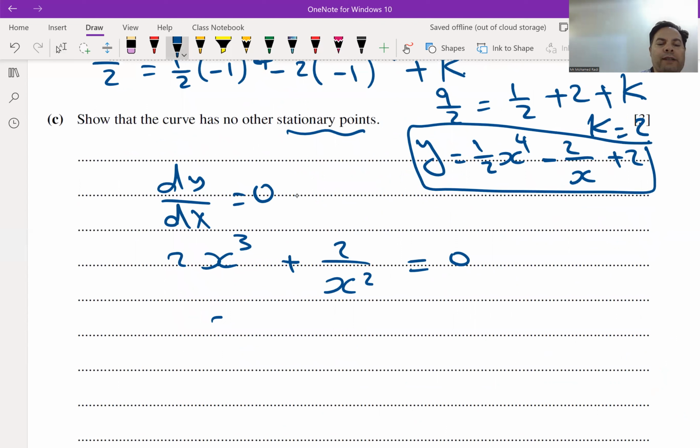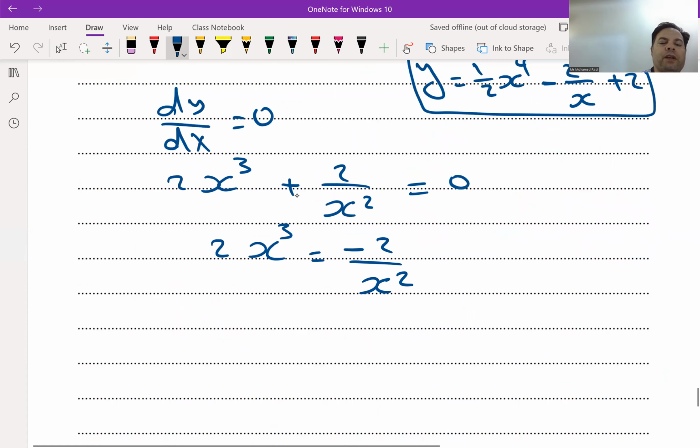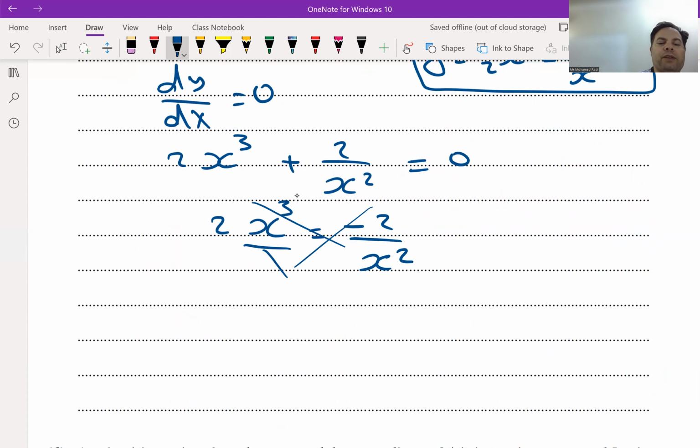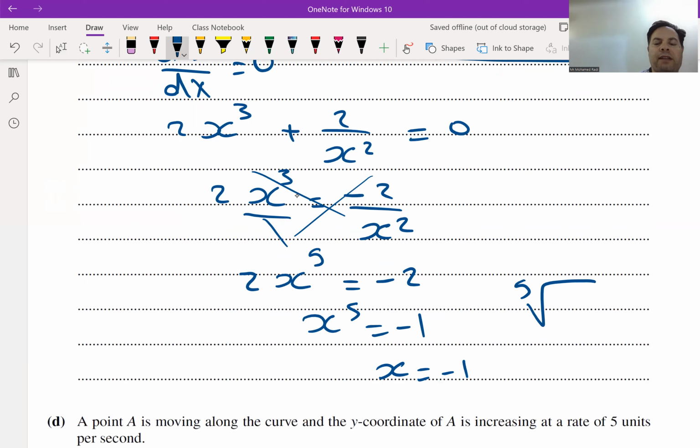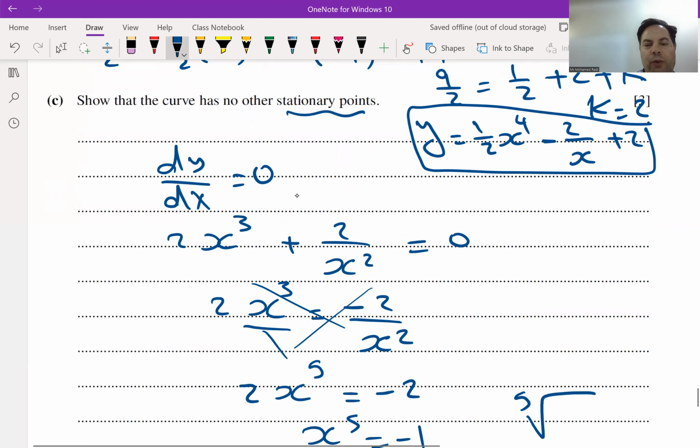So 2x cubed is equal to minus 2 over x squared, cross multiplication. So 2x to the power of 5 is equal to minus 2. So x to the power of 5 is equal to negative 1, by taking the fifth root. So the final answer is negative 1, which is the same as given. So there is only one stationary point.